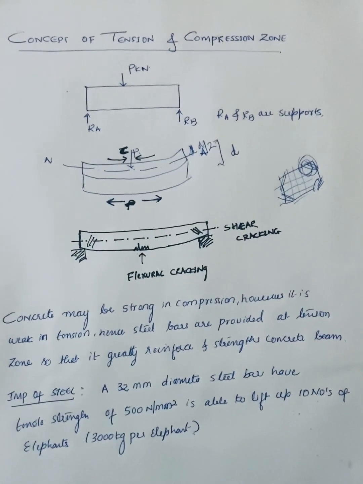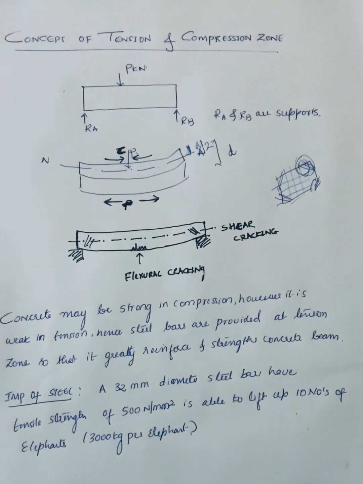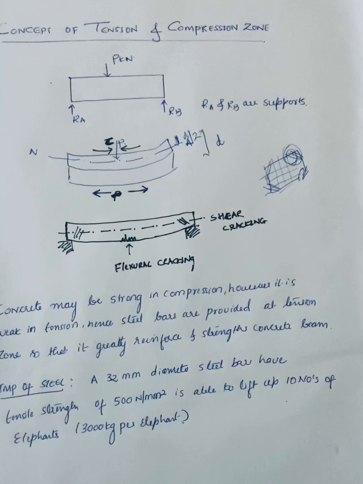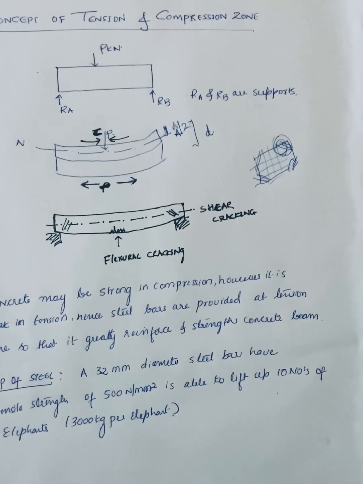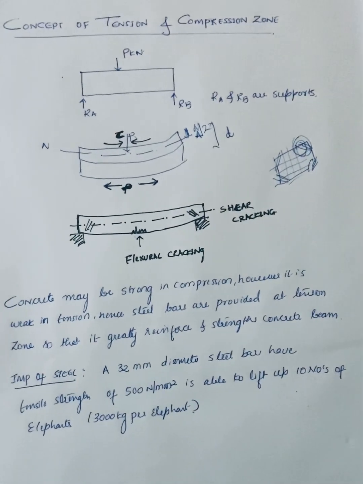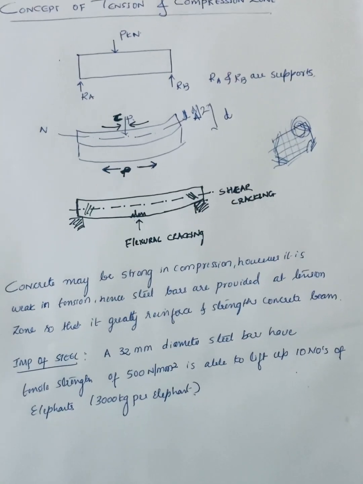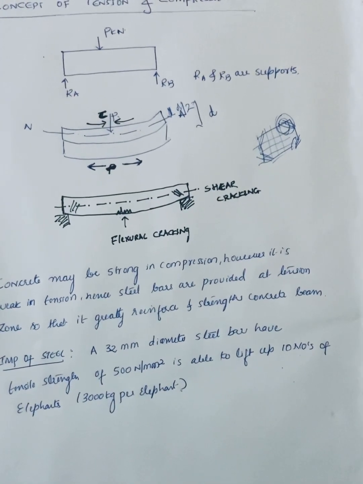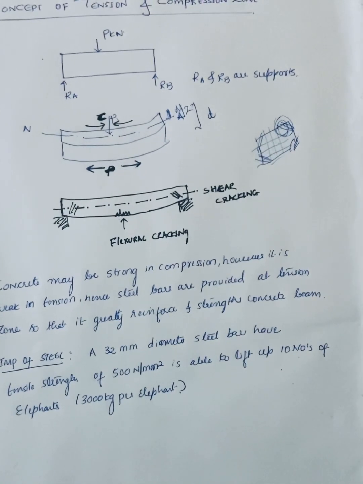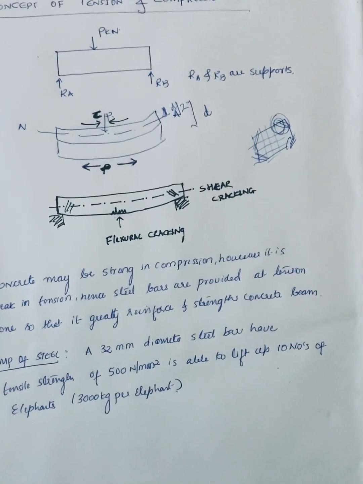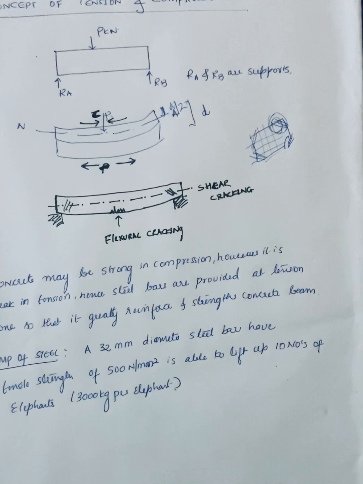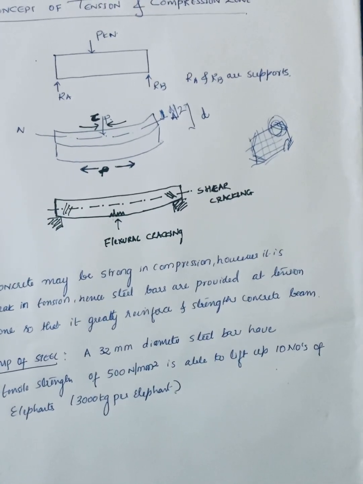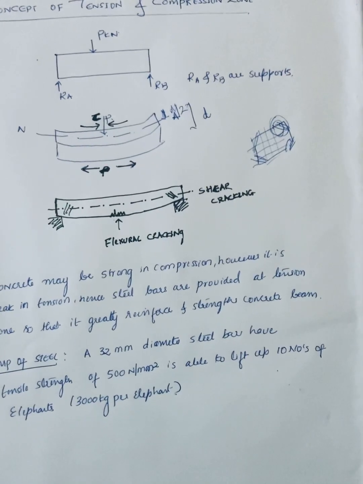That is almost 3000 kg per bar, so it can hold up to about 10 times that weight in tension. That is the reason why steel bars are provided in beams or columns, wherever it is weak in tension.